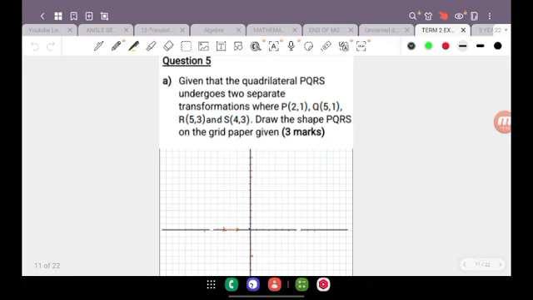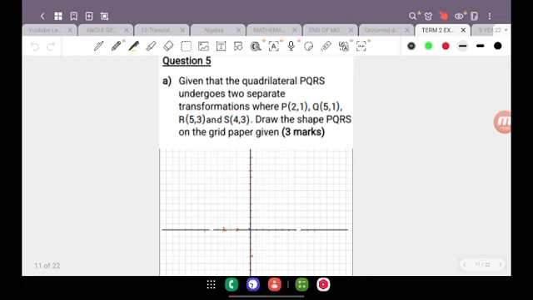You are to draw the shape PQRS on the grid paper given. This is a very simple task where you're required to plot the points and connect them using straight lines. So let's go right ahead and get that done.